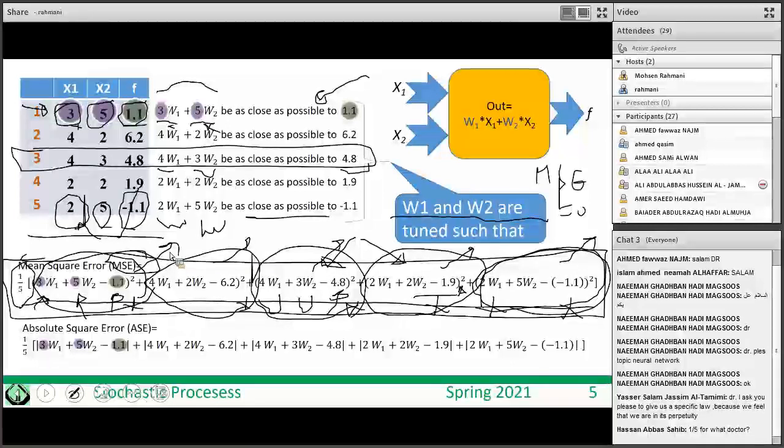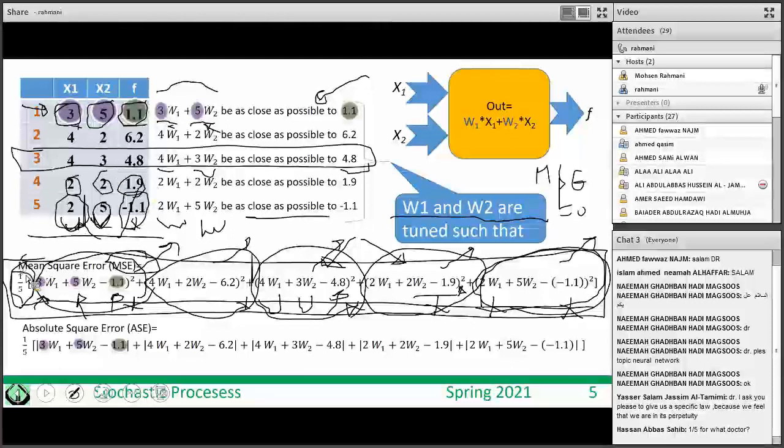And what does it mean? It means that 2 in W1 plus 5 in W2 is exactly minus 1.1, and 2 in W1 plus 2 in W2 is exactly 1.9.